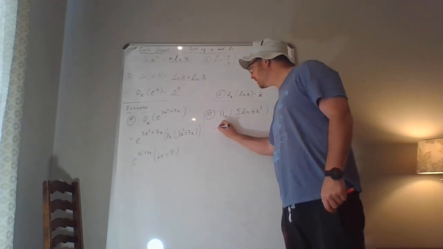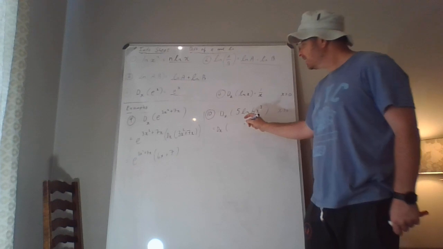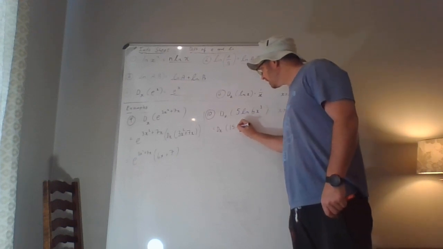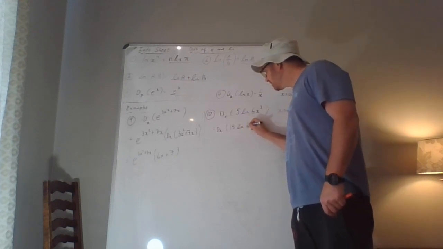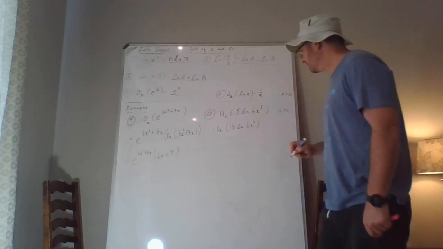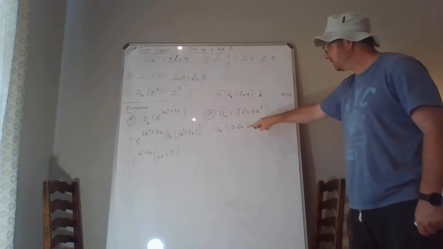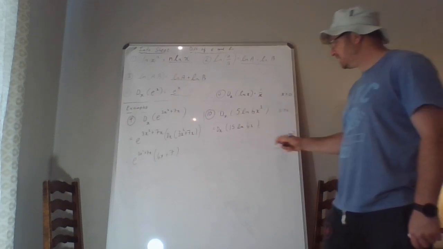So in other words, I can move that 3 to the front. 3 times 5 is 15. So I get 15 ln(6x). Okay, and now I can differentiate that.